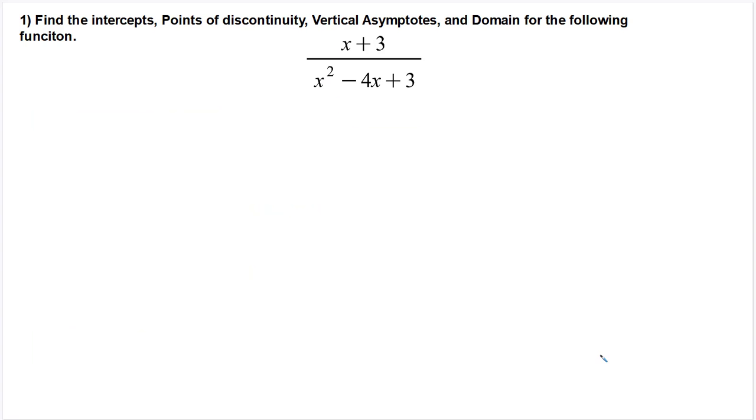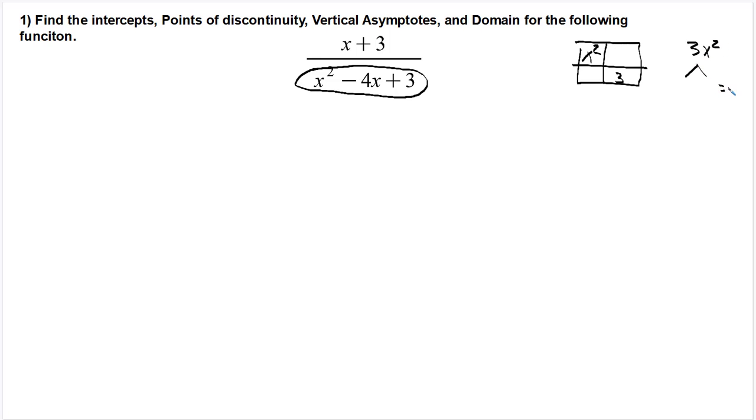So let's work through an entire problem from start to finish. Step 1 said we need to factor. So I take this denominator and I'm going to factor it. What multiplies to give me 3 and will add to give me -4?